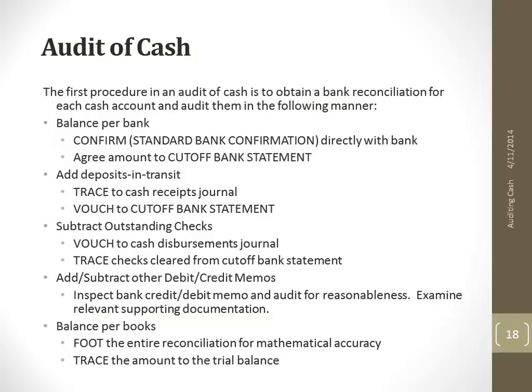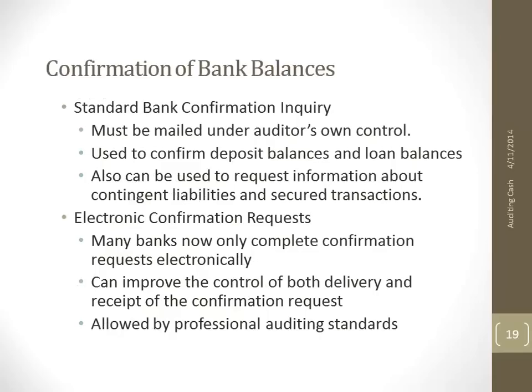Then account for any debit or credit memos, so bank fees, for example, that the bank charges the company, and reconcile that to the balance per book to make sure you have identified all of the reconciling items. Then foot the reconciliation. You want to make sure it's correct and accurate, and then trace that amount back to the trial balance to ensure that the trial balance includes the correct amount. So that's your audit of cash.